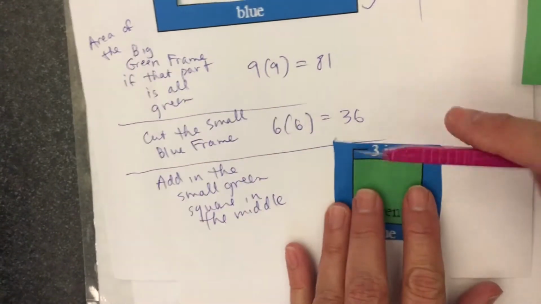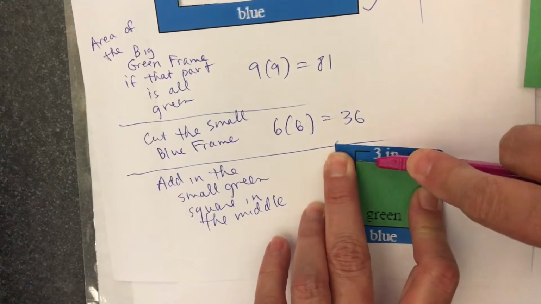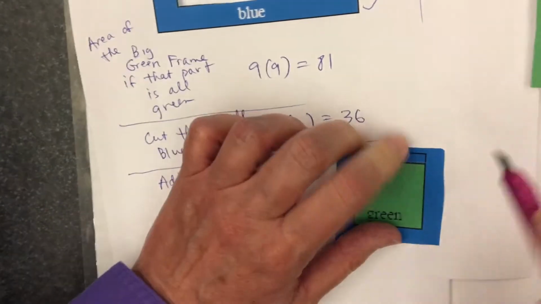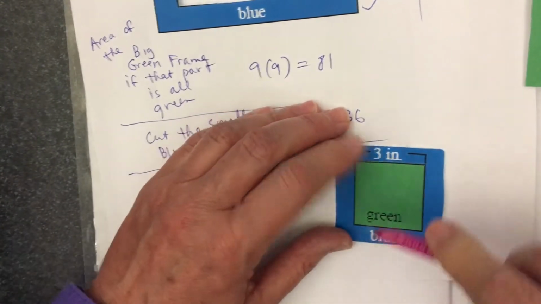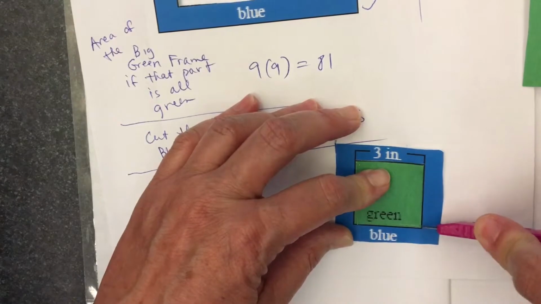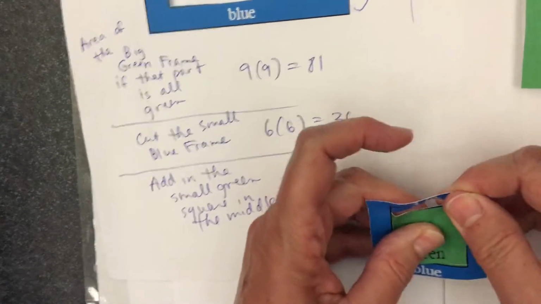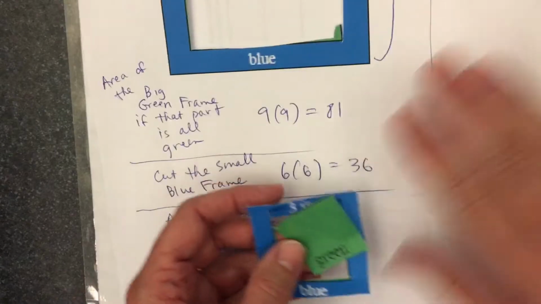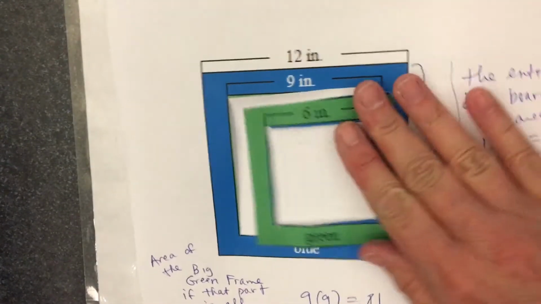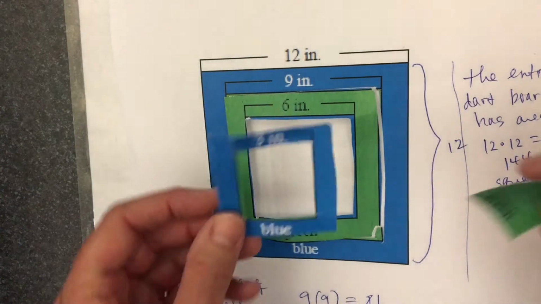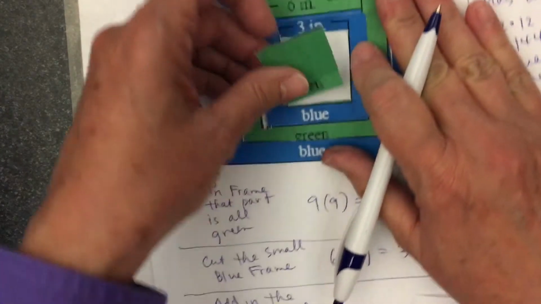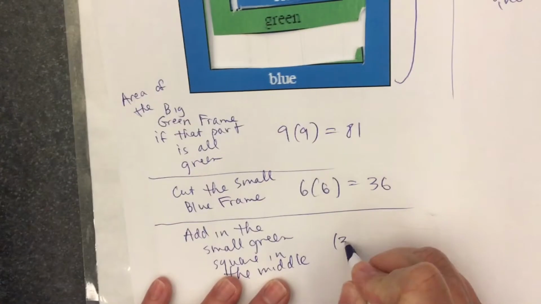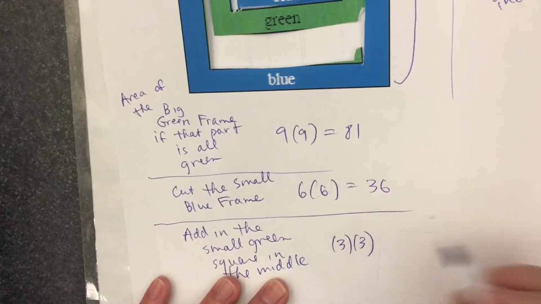I'll move that one out of the way for now. Got that. And so here's our dartboard, the entire thing, with these smaller frames, and the one in the middle. So the little square is 3 by 3, so that's going to be 3 times 3, and that's 9.